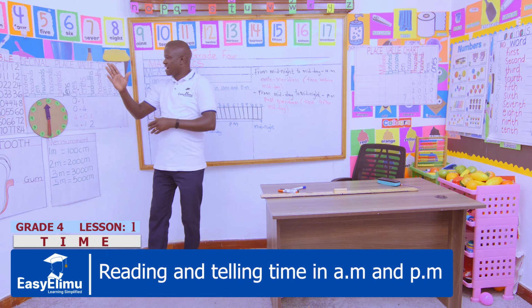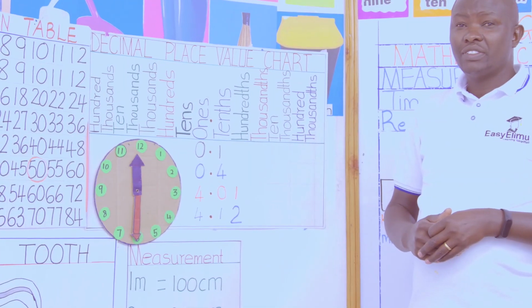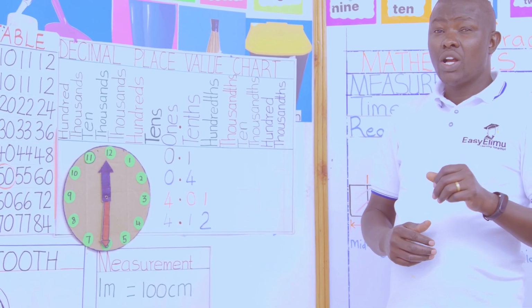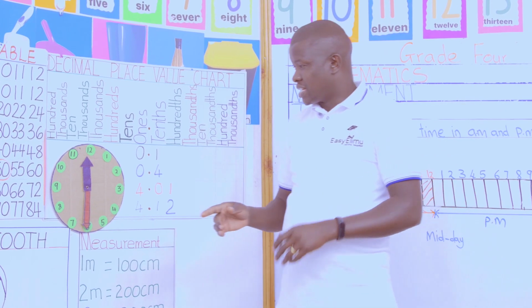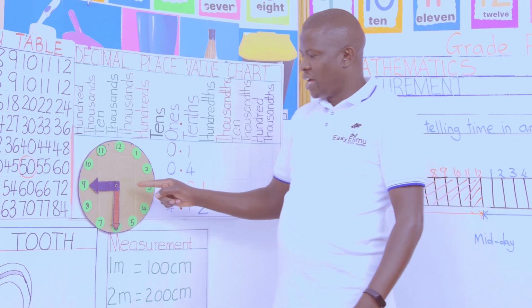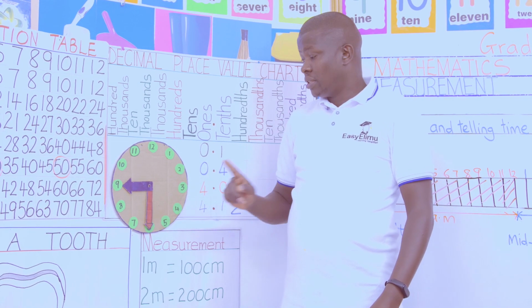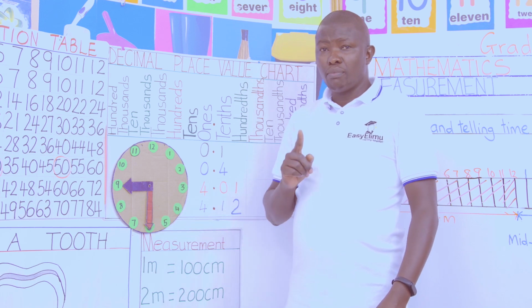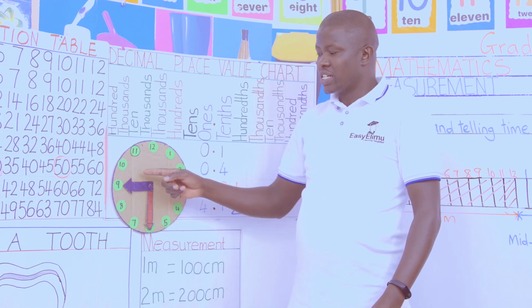Now, let us come back to our clock face. We've said we come to school early in the morning. So now, this is the time in the morning. Remember, the short hand points at the hour, while the long hand is for the minute. Now, in the morning, this is which time? Who can tell this time?